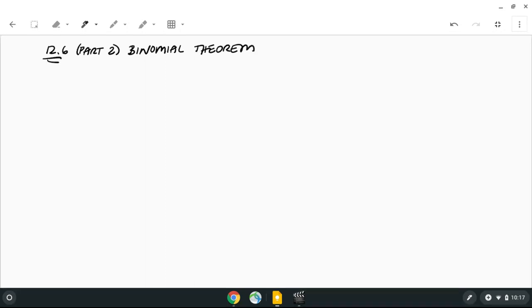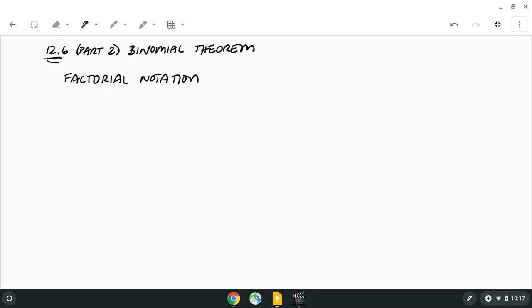Okay, so the binomial theorem uses factorial, so let's begin with an introduction to that. So hopefully you looked on your calculator to see if you have this. Okay, so the notation looks like this, some number, and then an exclamation point.